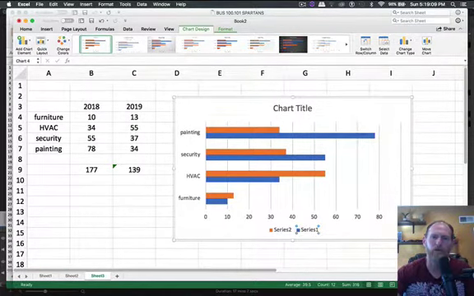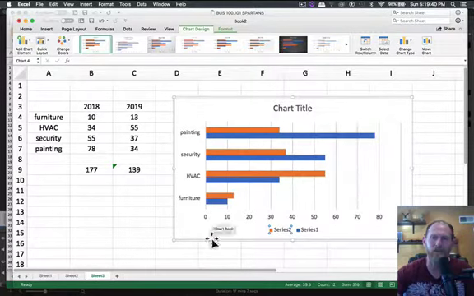If blue is 2018 and orange is 2019, we can see how much the painting went down from orange to blue. But how much the HVAC became a problem in 2019. So that's really where, if we were focused on painting in the past, well, it probably made a difference, but now we have a new problem to worry about.